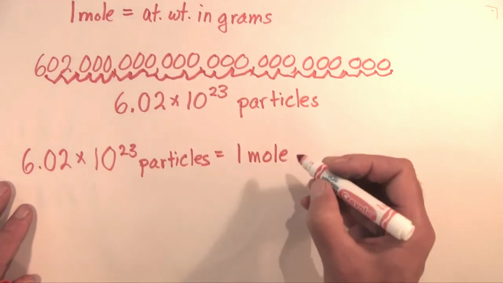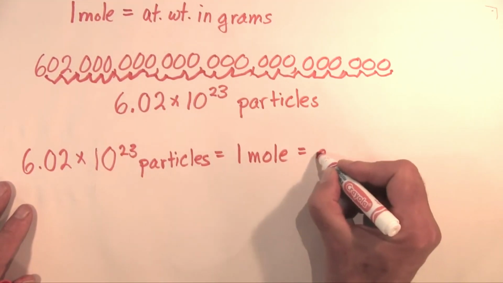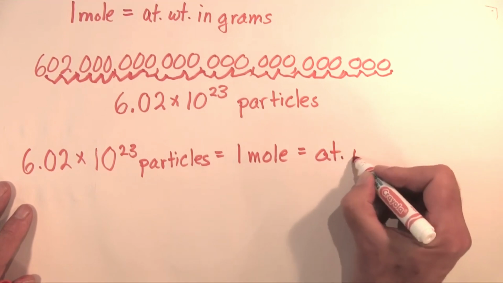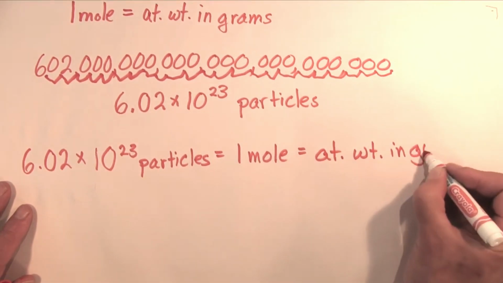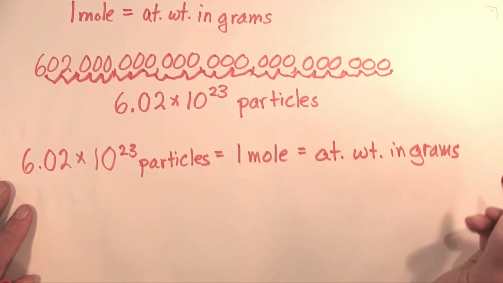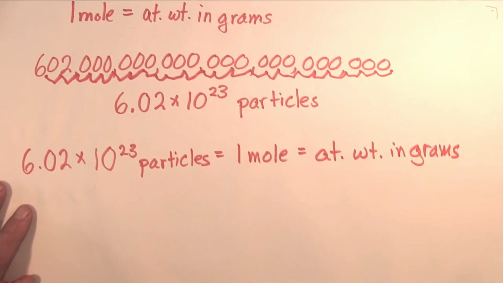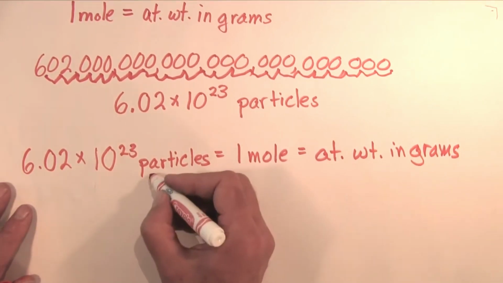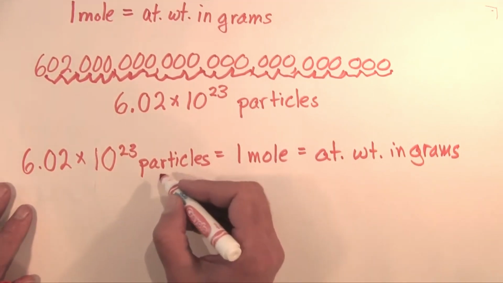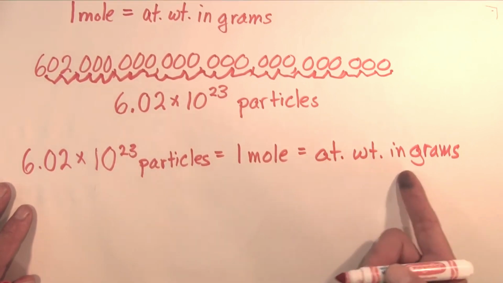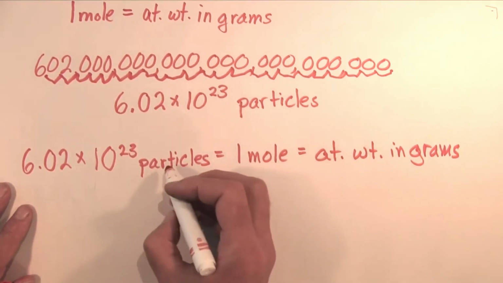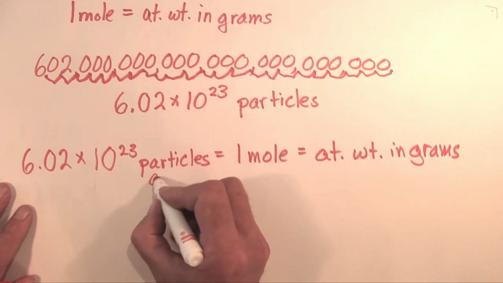But we also know that a mole equals the atomic weight in grams. Now these particles can be atoms or molecules. Well, in this case, if we're dealing with the atomic weight in grams, we're going to call these particles atoms.